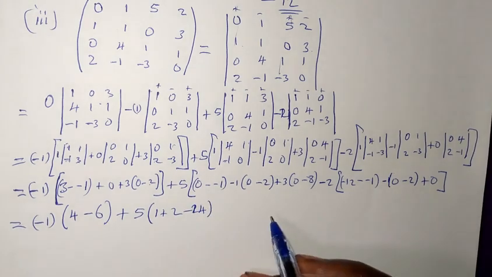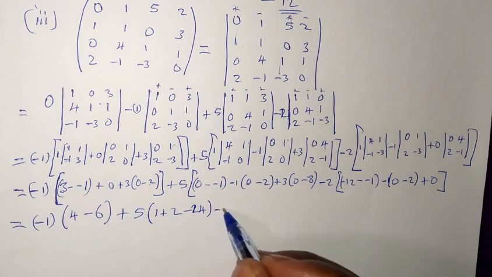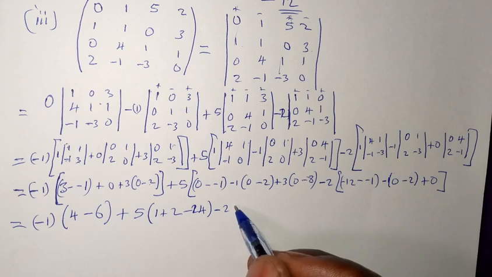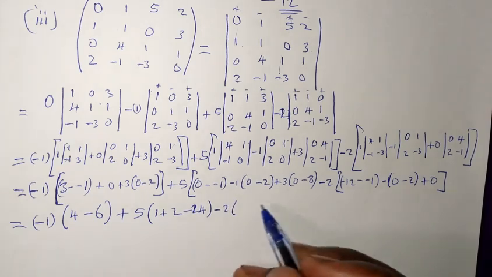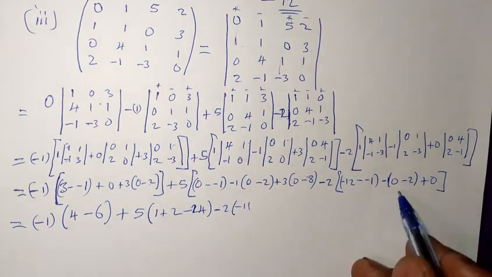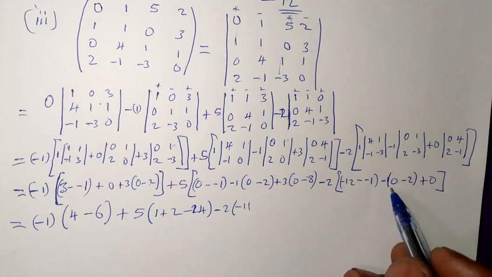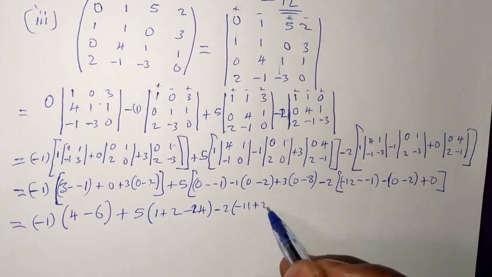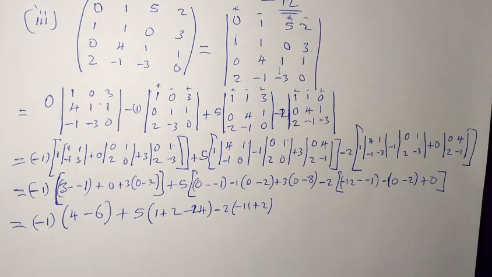Then we have minus 2 in bracket. This will give us plus minus 11, and then minus 11, this is plus 2, and then we close that bracket.